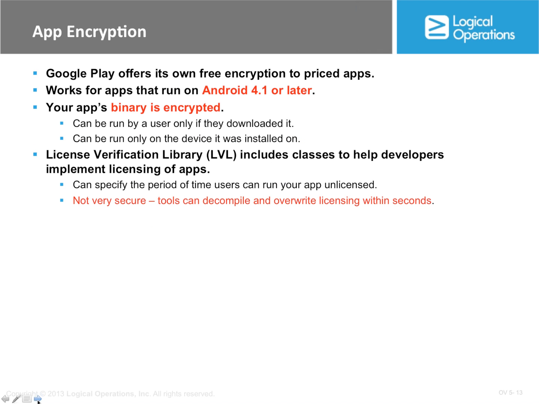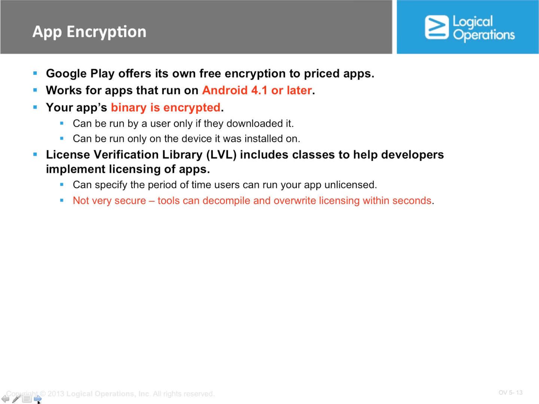So the app itself natively is not encrypted. That is not a feature that comes with the free version of applications. Once you put a price tag on it, 99 cents or 1.99, 2.99, whatever, that is where the Google Play Store offers free encryption for those fee-based applications.